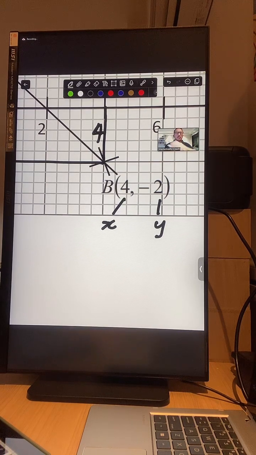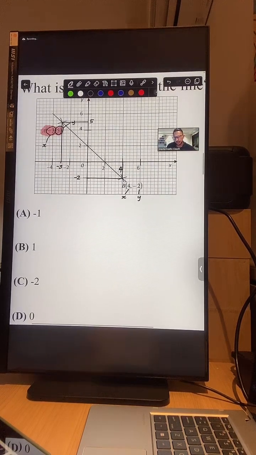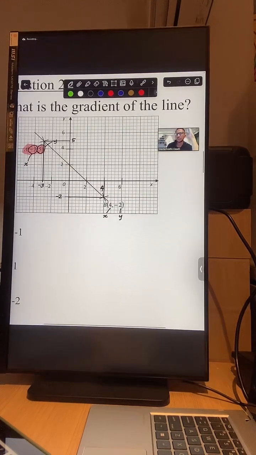Why am I stressing this? Because I have seen students in the past sometimes confuse the x coordinate with the y coordinate. And this becomes a huge problem when you want to find the gradient of the line. You cannot confuse the x coordinate with the y coordinate. This thing is called a coordinate system, a Cartesian coordinate system.